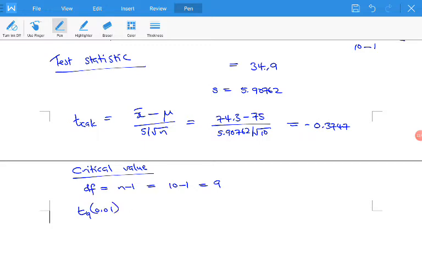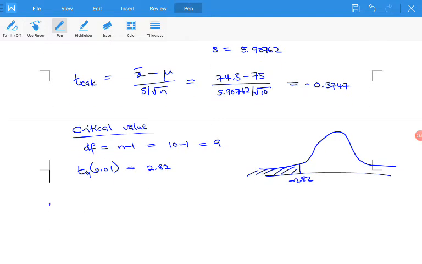So our critical value is equal to 2.82. And since we have a less than sign on our alternative hypothesis, it's going to be negative 2.82, and here is the rejection region.